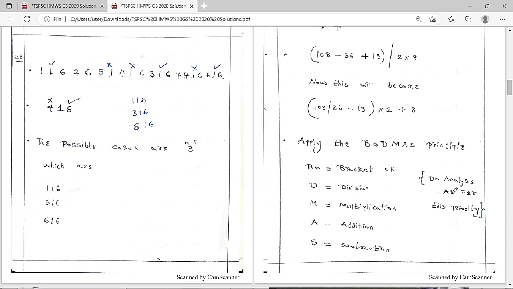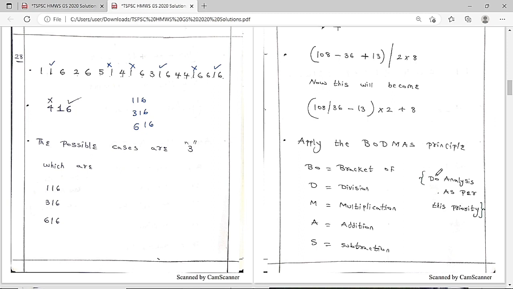So you have to do the analysis as per this priority only. Therefore we can say BODMAS: BO means bracket of, D means division, M means multiplication, A means addition, and S means subtraction.